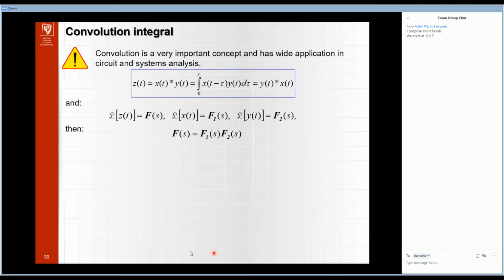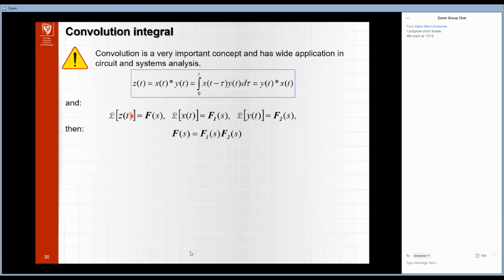You know from the table which I presented that convolution in the time domain is equal to multiplication in the S domain. Convolution is given by an integral equation in the time domain, and this term is the symbol of convolution.